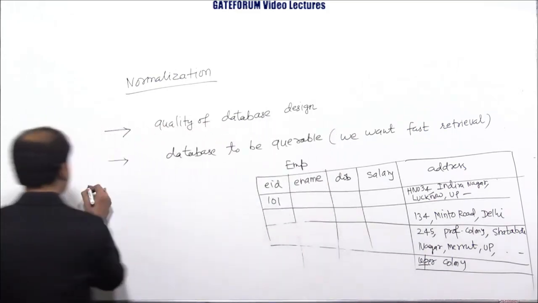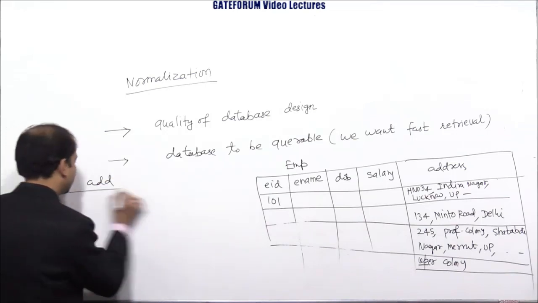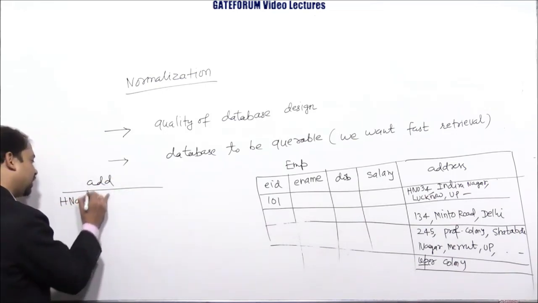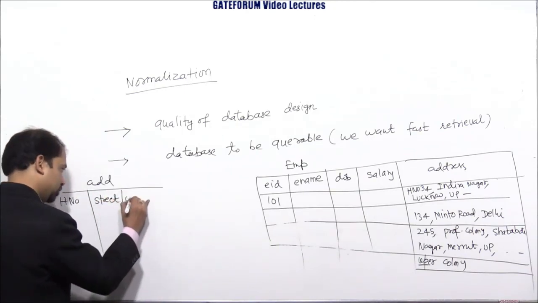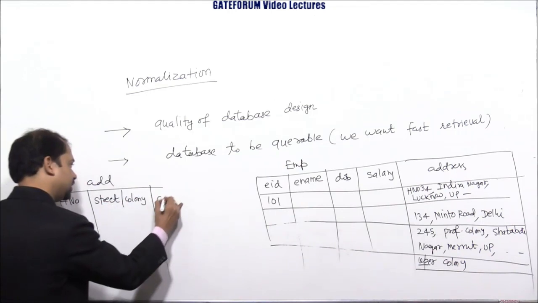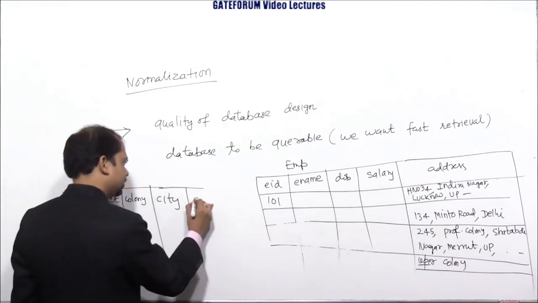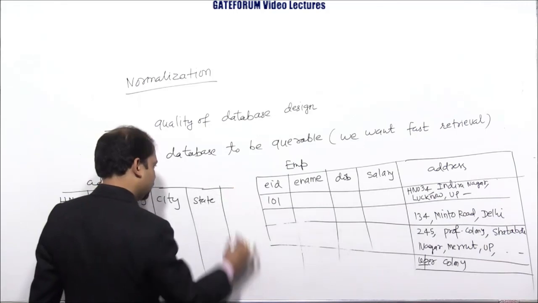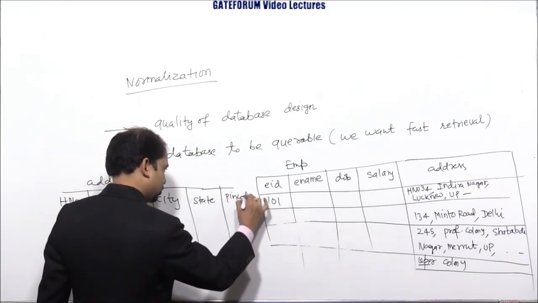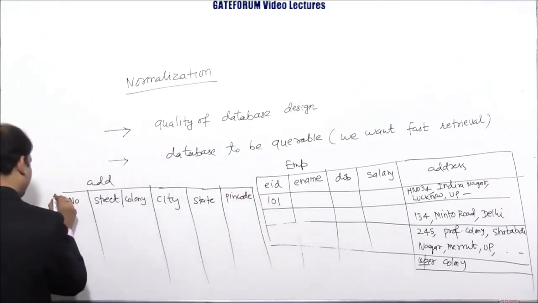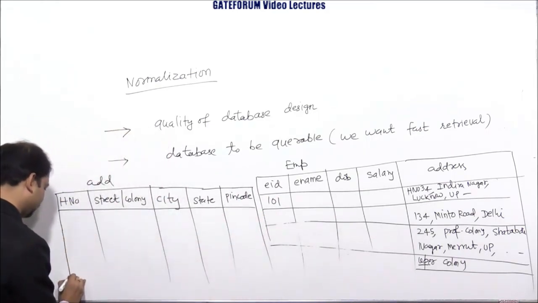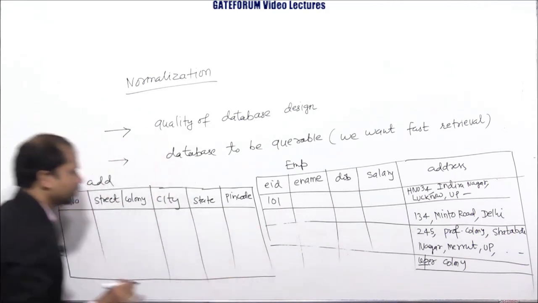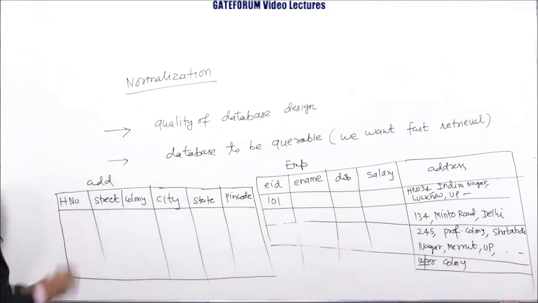Instead of address, we can store, as one simple snapshot, house number or name, street or colony, then city, state, and then pin code.